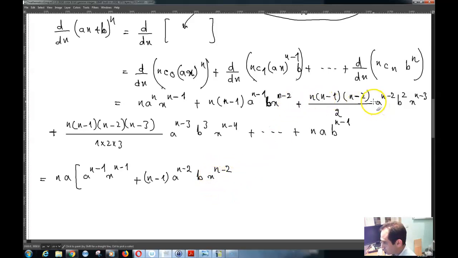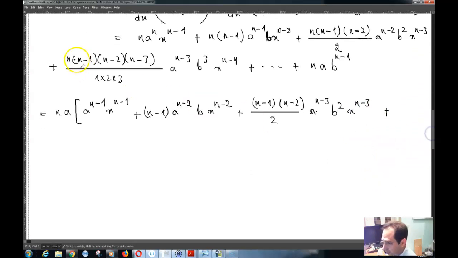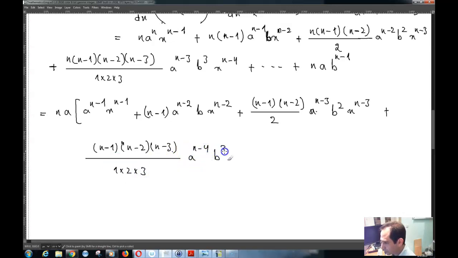And then over here I'll get basically n minus 1 times n minus 2 over 2, and a raised to the power n minus 3, b raised to the power 2, x raised to the power n minus 3, plus n minus 1 times n minus 2 times n minus 3 over 1 times 2 times 3, a raised to the power n minus 4, b raised to the power 3, x raised to the power n minus 4.